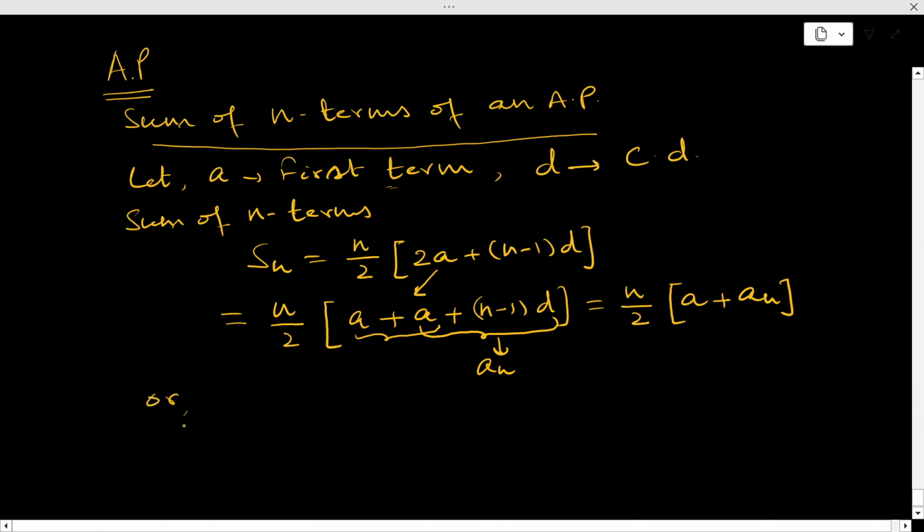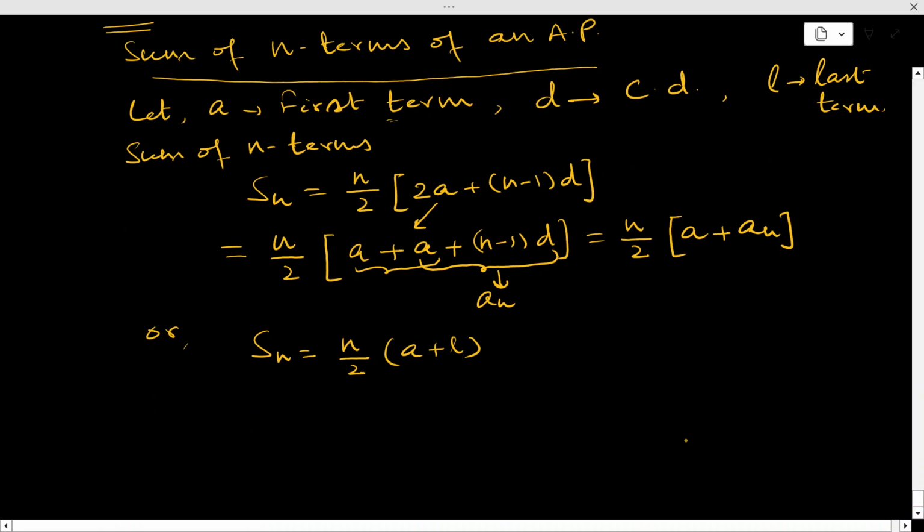Or you can also say that if you have the information of the first term and the common difference, and let's say L is the last term of the AP, and you have to find the sum of all the terms of an AP whose first term is a and the last term is L, then the sum will be n by 2 times (a plus L).